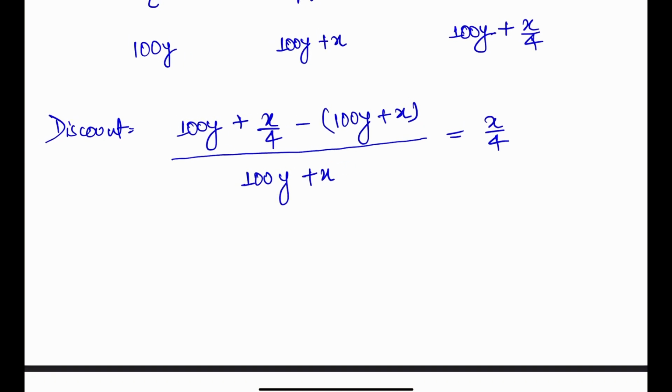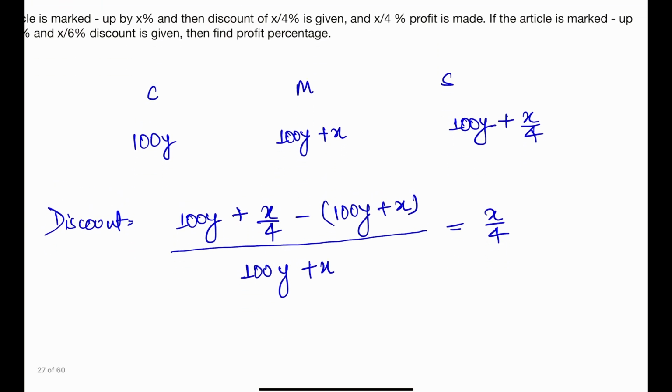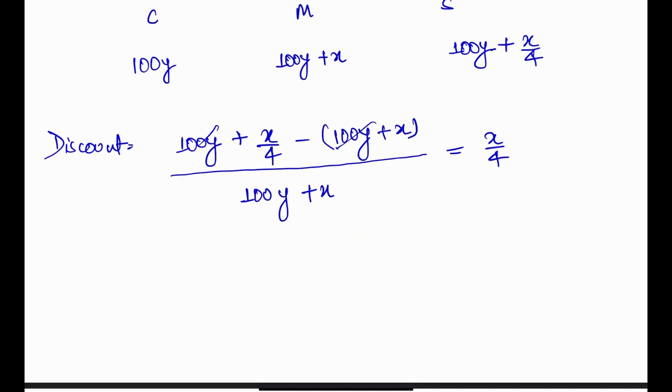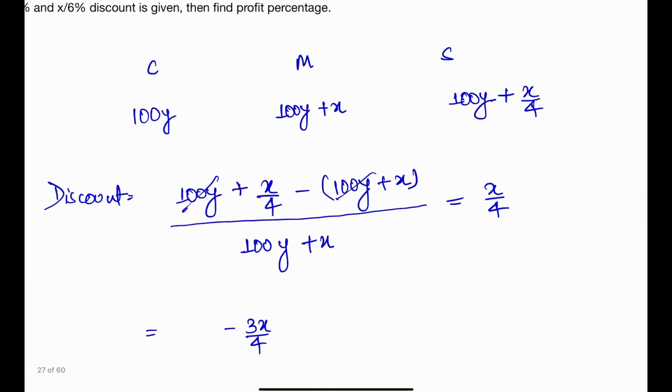So selling price minus marked price, the 100 by 100y will go away. It will be minus 3x upon 4. This will be minus, so it is a loss.